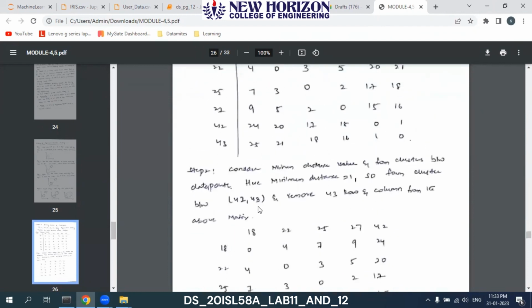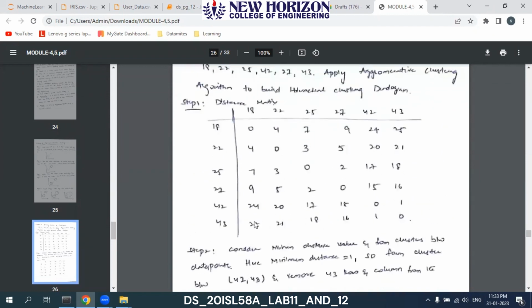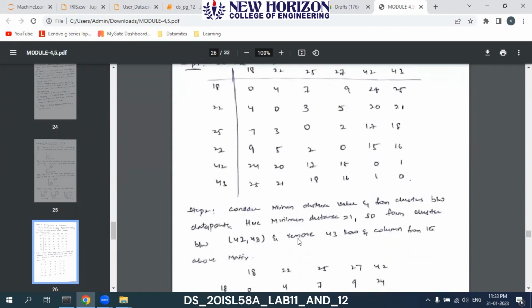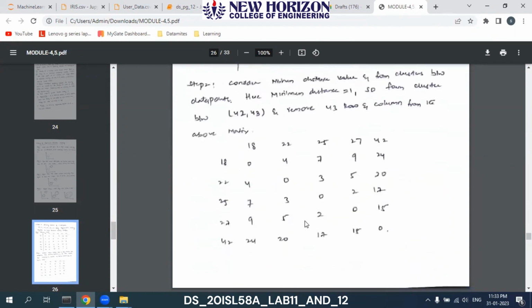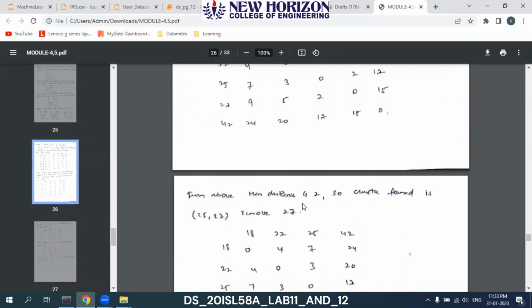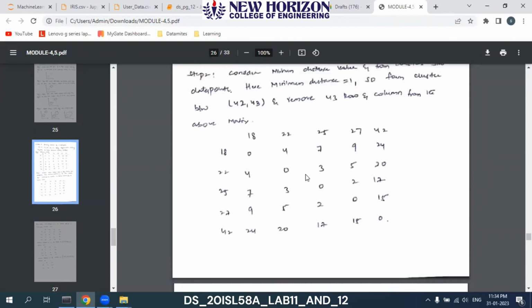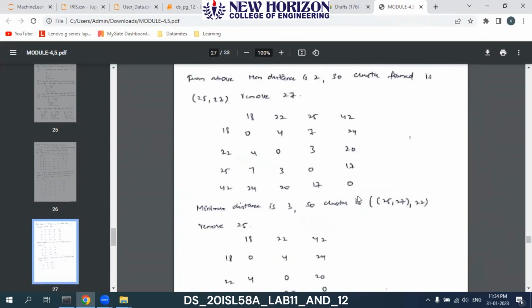For example, 42, 43. The minimum distance data is considered, and the values are combined to form one cluster. Similarly, once 42, 43 is merged, we consider the next least distance points, and we keep merging one value over the other and form one whole cluster.